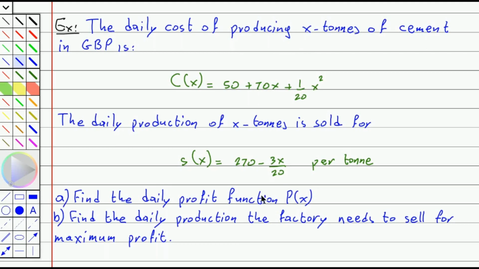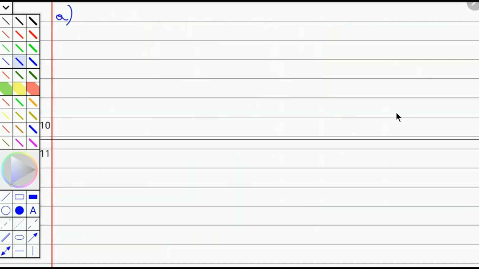So let's start the solution with part A. We know from basic economics that the profit function is the simple equation of sales minus the costs. So we already have the cost function for x tons, but the sales function is not the same as the one which is given.